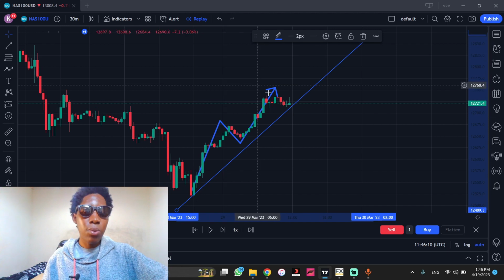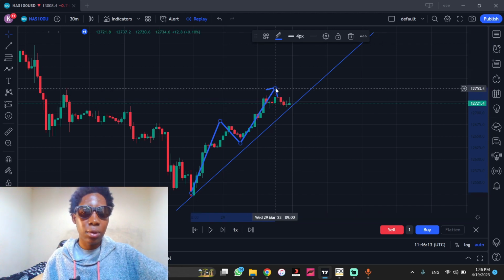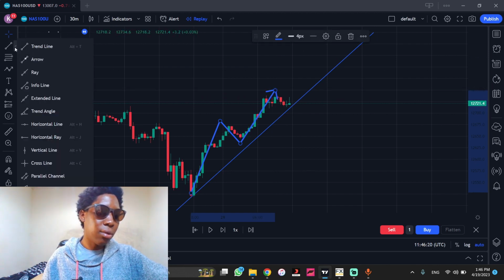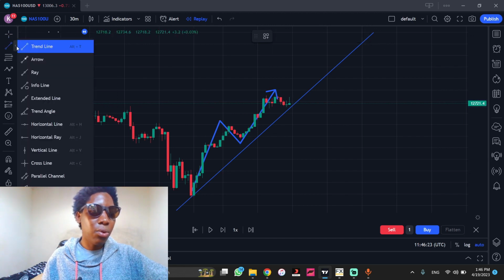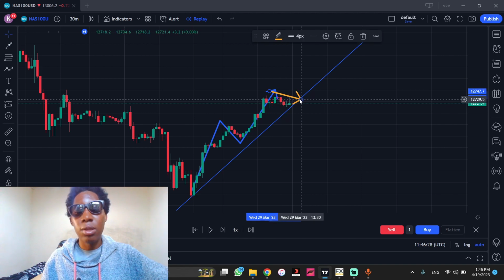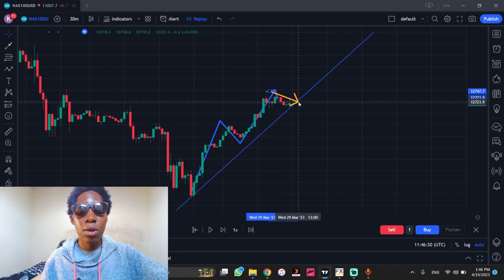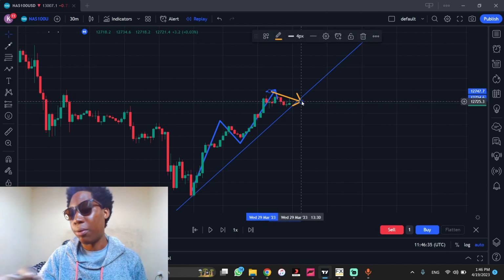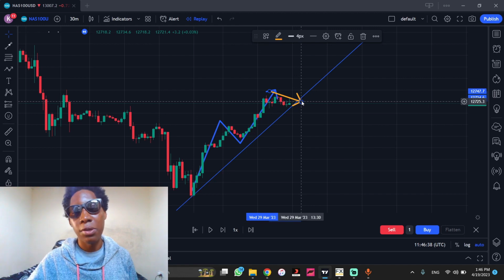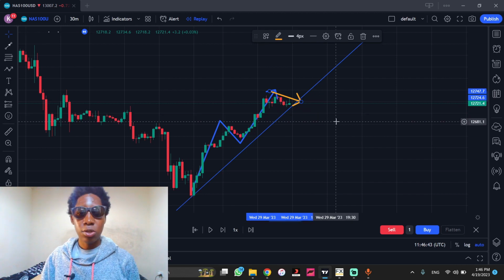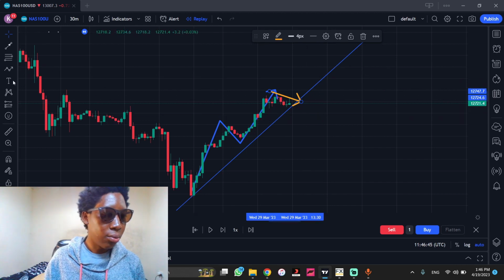What do I mean by this? I'm going to pick the arrow. From the higher high to the trend line, I connected it like this. Here's what happens when you connect the higher high to the trend line: all you need to do is wait for price to break out, and then enter a trade.